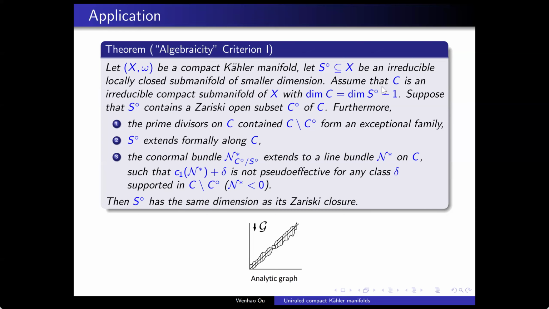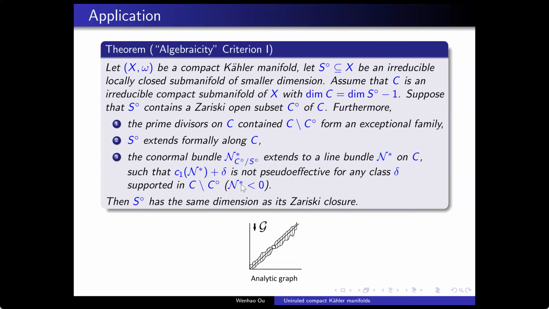I assume that it contains some Zariski open subset C0 of C, where C is a closed analytic submanifold of X. And I assume at the first stage that C has one dimension less than the dimension of S. And I assume the two technical assumptions as before, but now I add this assumption: I assume that the conormal bundle of this C0 inside S0 extends to a line bundle on C, such that this line bundle is not pseudoeffective even after adding any divisor class supported in this complement.